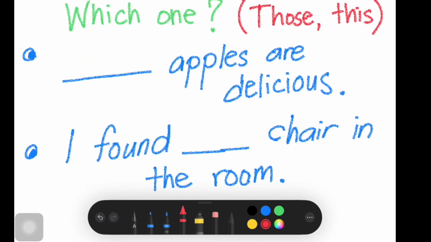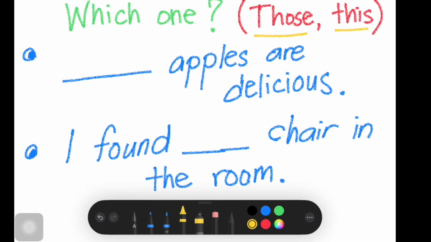Okay, so now let's go to another example which answers the question, which one? We have two options. We have those and this. Now in this sentence we need to fill in the blanks.